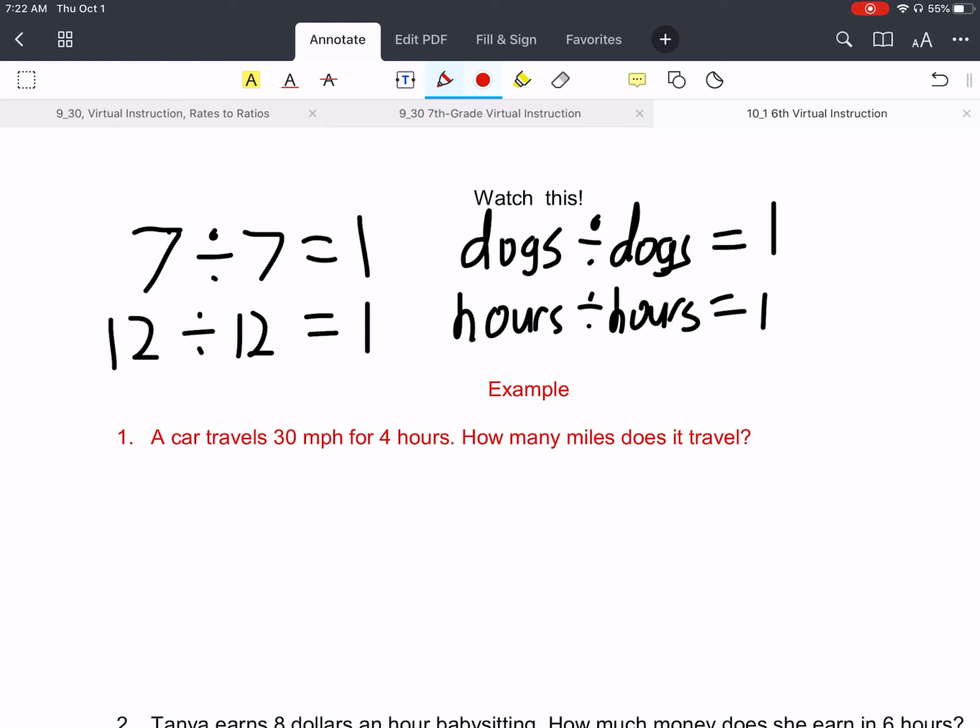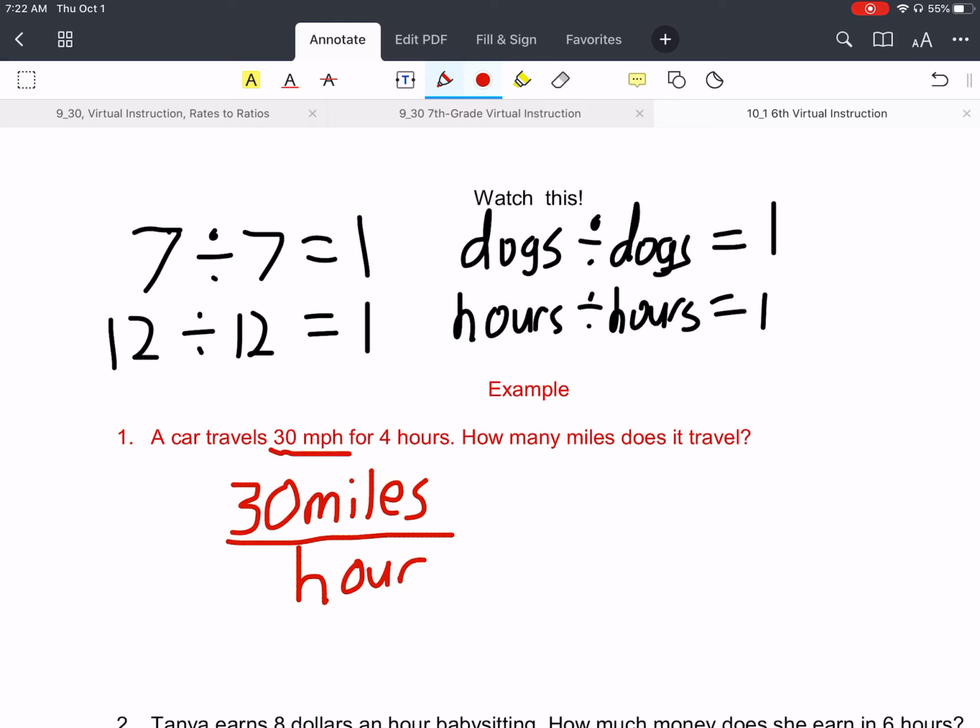So what we're going to do is we are going to write this as a ratio. So we're going to have 30 miles per hour. So I'm going to write it as 30 miles over 1 hour.